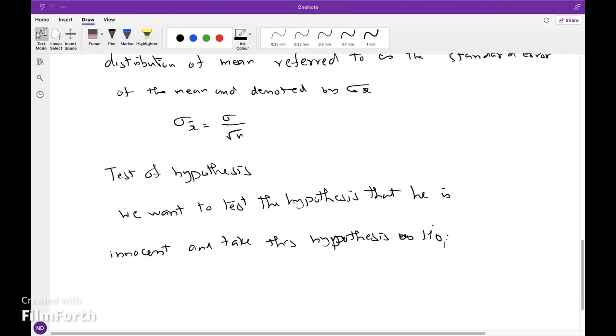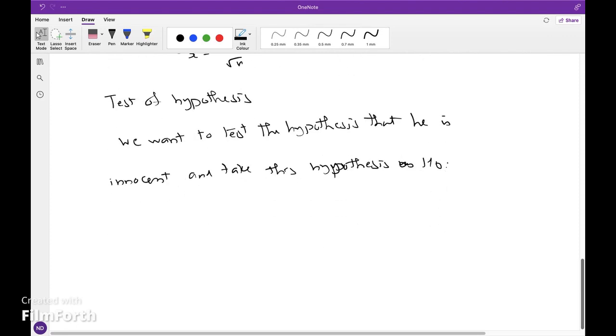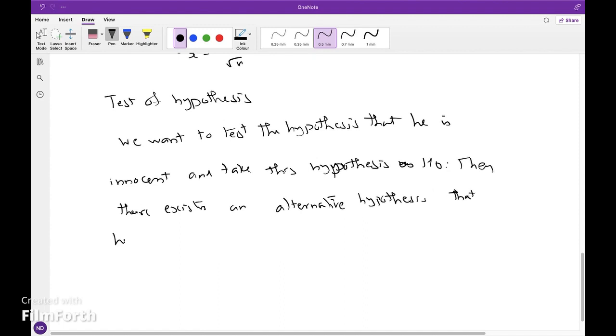H naught, basically, is that there is no significant difference between the means. In the general case, there exists an alternative hypothesis, that he is guilty, which we denote by H1.